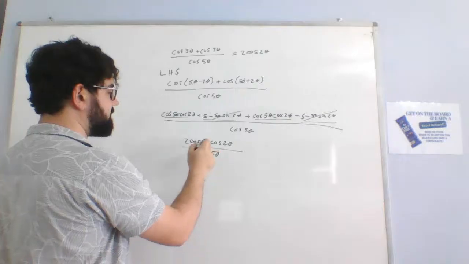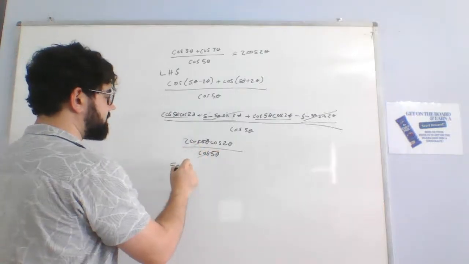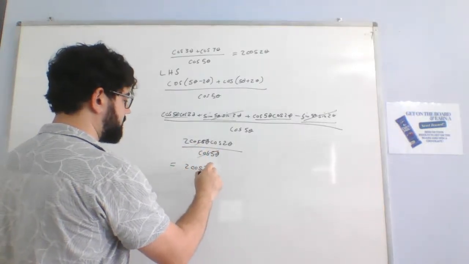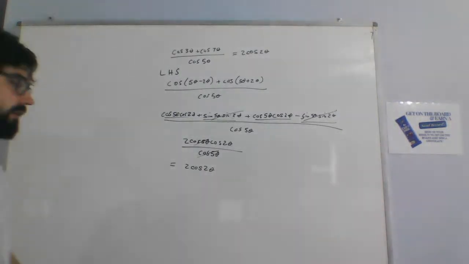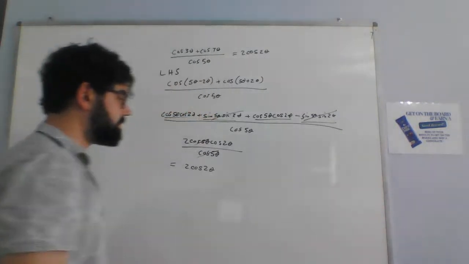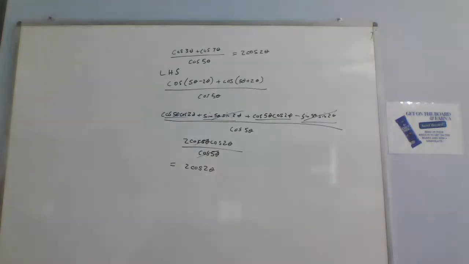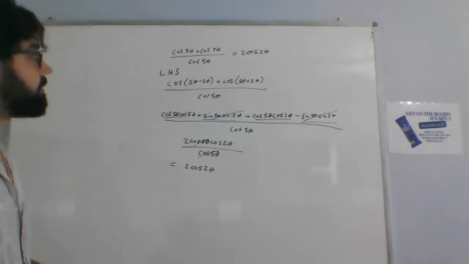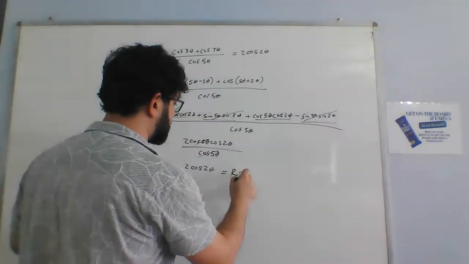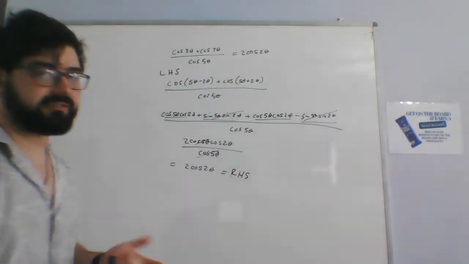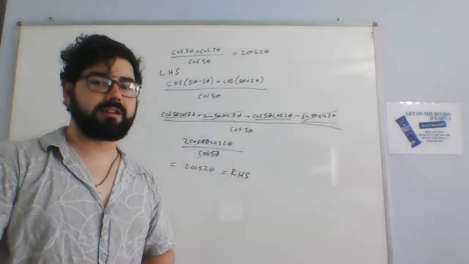And the cos of 5 theta will cancel, and that leaves us with 2 cos of 2 theta. So you can see now that it's equal to the right-hand side, but it's good to write down equals the right-hand side. The cos of 5 thetas cancel out.